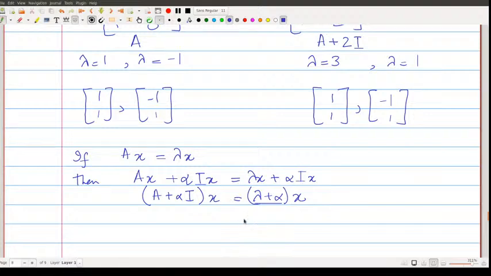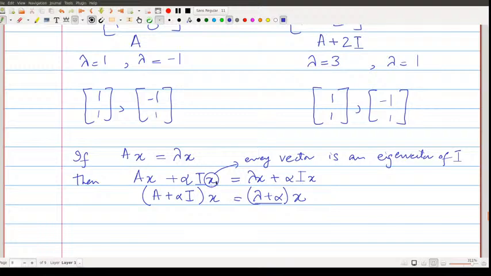And we can only do this because every vector is an eigenvector of I. That's the reason we can do this.